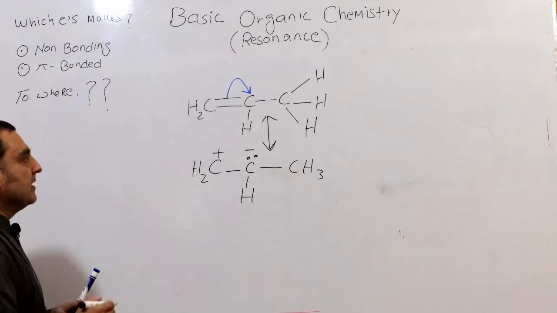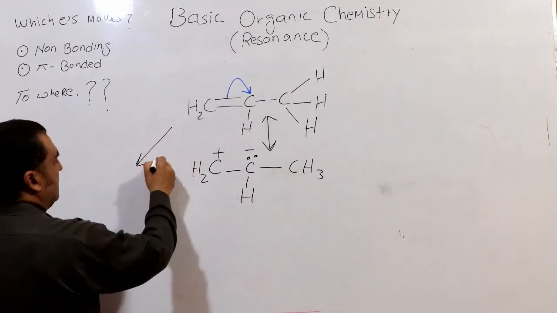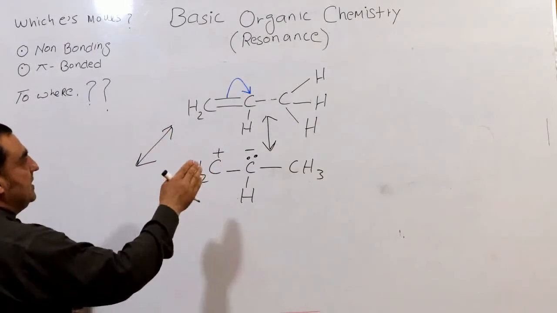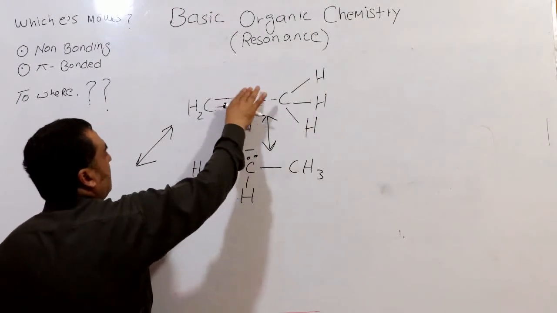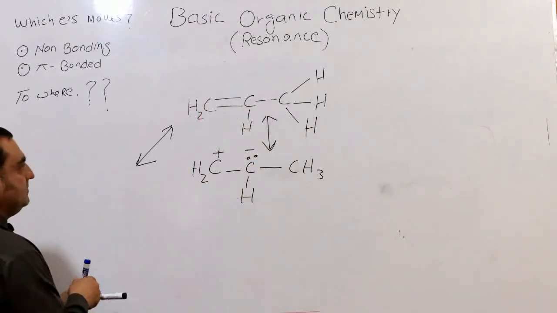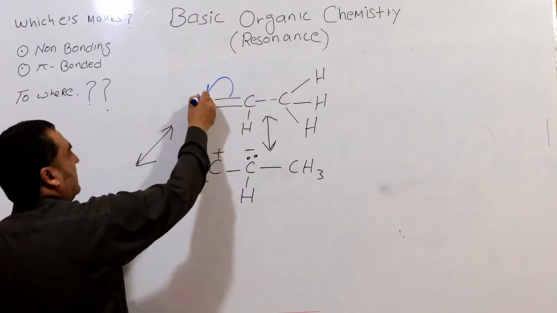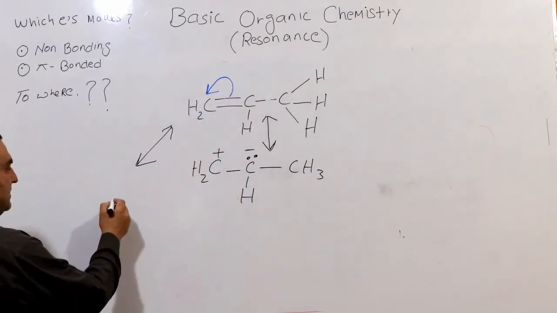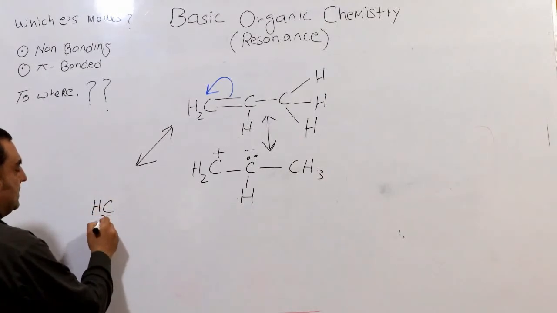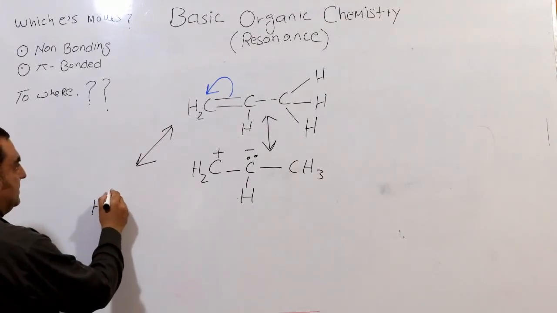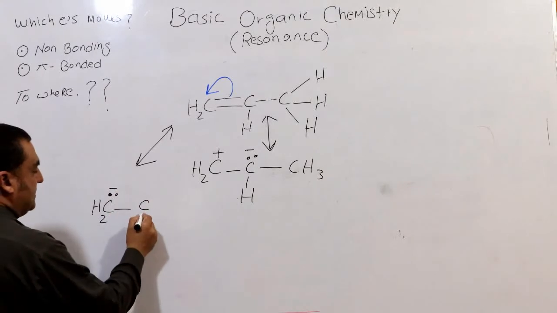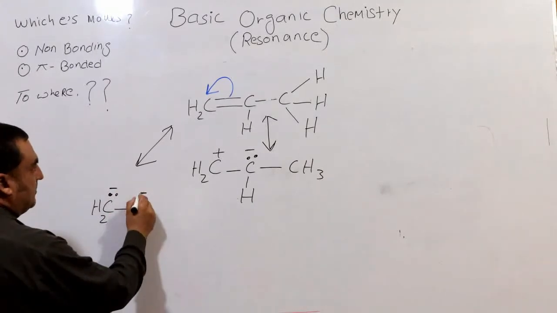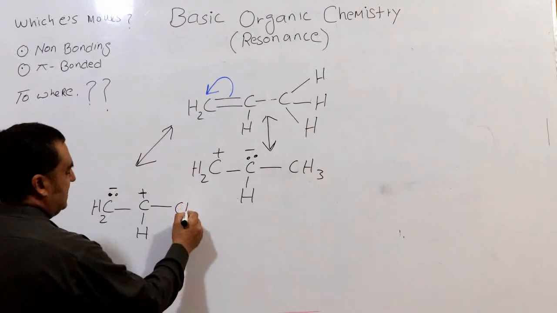Okay, but as you know, these electrons can also move the other way, like this. When they move in this way, the situation will be different. This is our CH2. Now it becomes negative. This is the CH. Now this becomes positive, and this is the CH3.